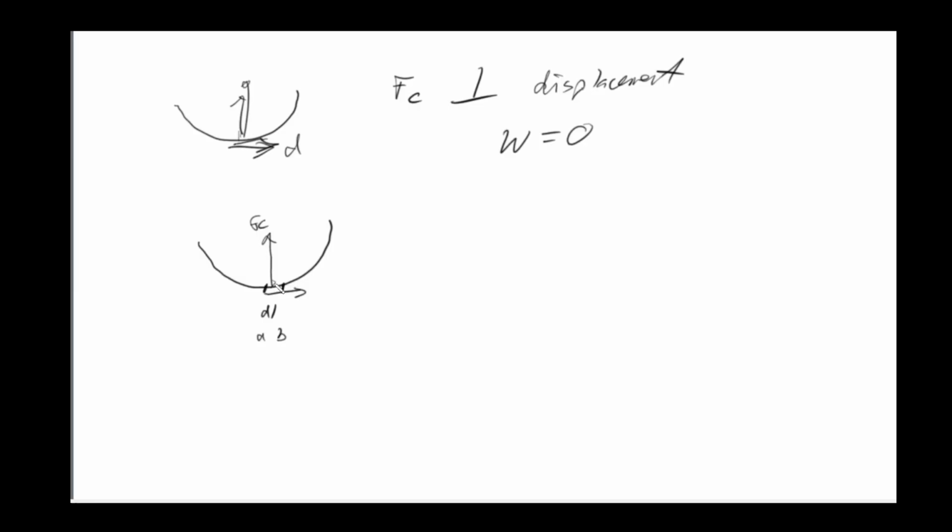But let's say you have a force directed in another direction. Well, you do have work because you do get work in the direction of the motion, and in this case the work would be equal to F cosine phi dl, where phi is the angle between the motion and the force.